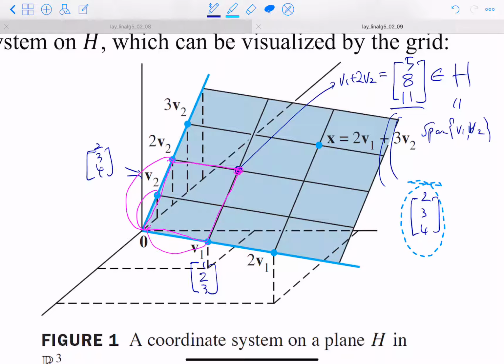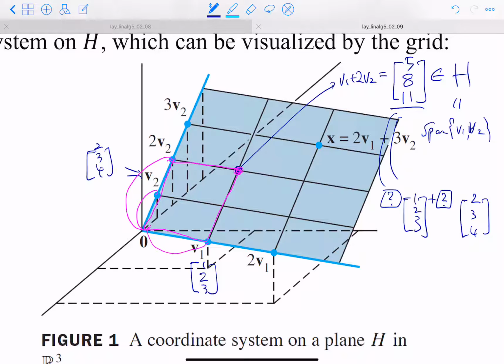Let's see. So what are the numbers corresponding to these question marks? It is 1 and 2, because that's how we obtained this guy, right?